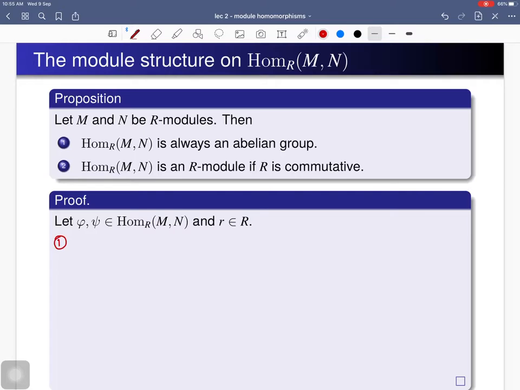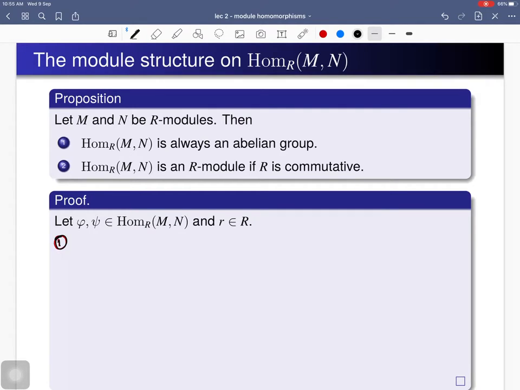So we want to prove our first statement. You consider two module homomorphisms, phi and psi from M to N, and now we want to define an operation.